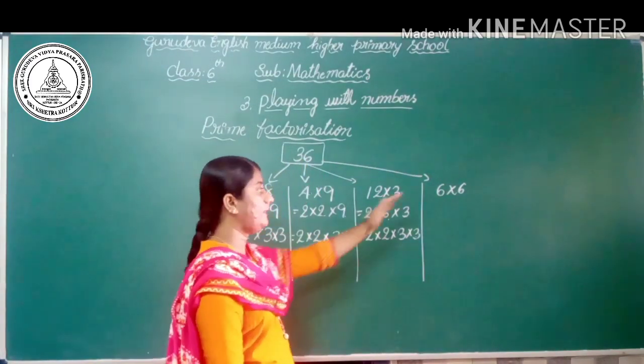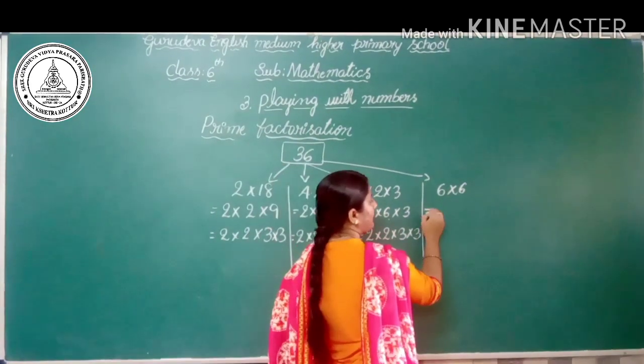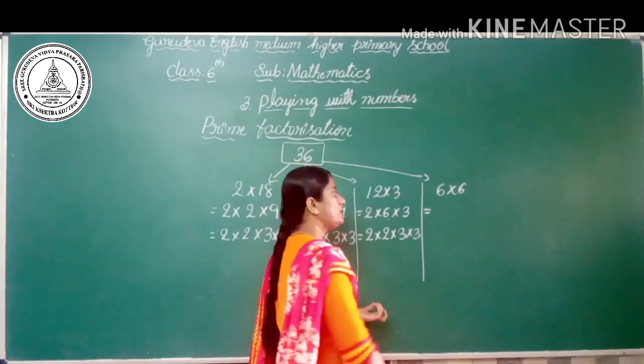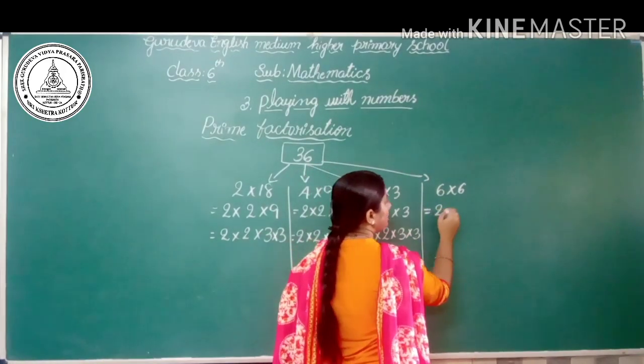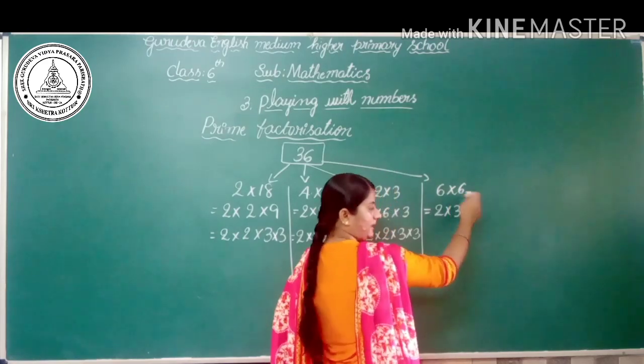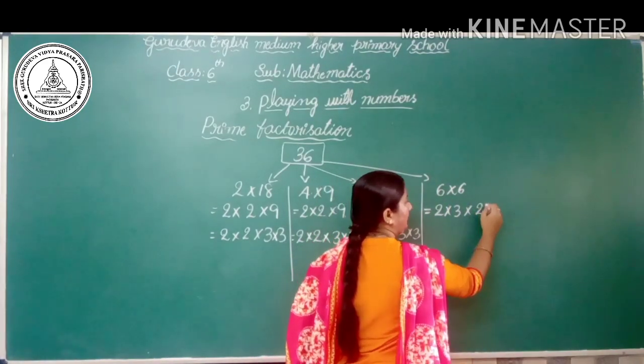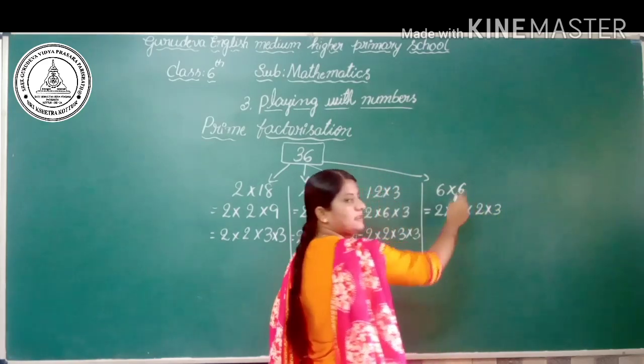Then similarly the last factors, that is 2 into 3, means 2 into 3 is 6.